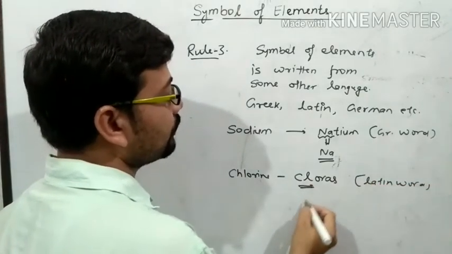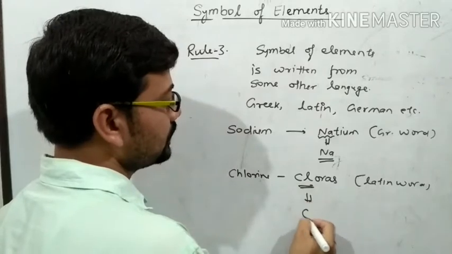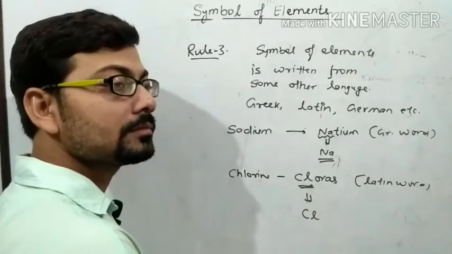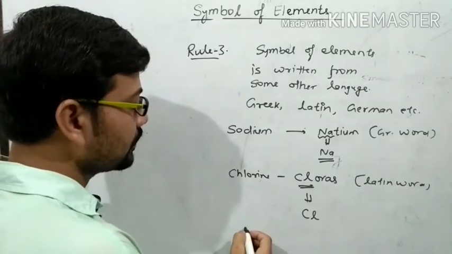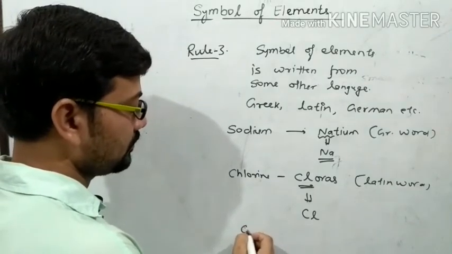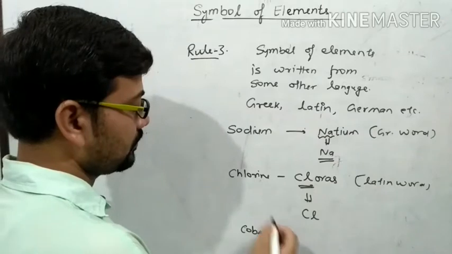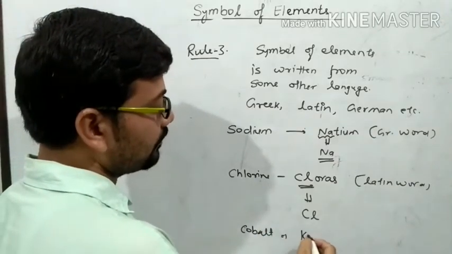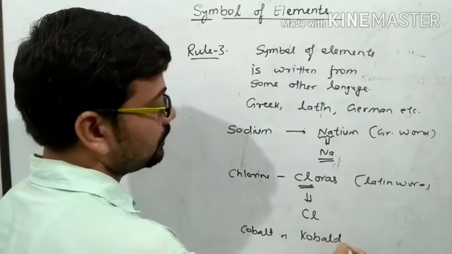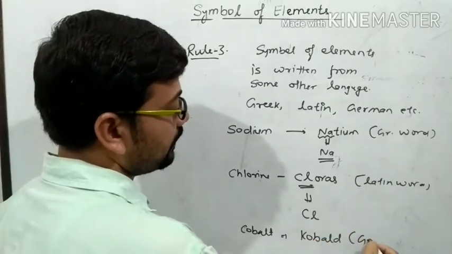So the symbol of chlorine is Cl. Now in the case of cobalt, it comes from the German language.